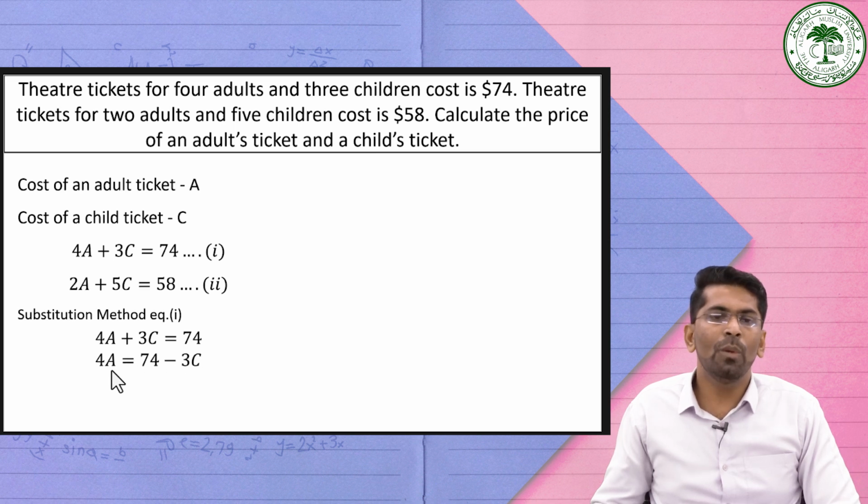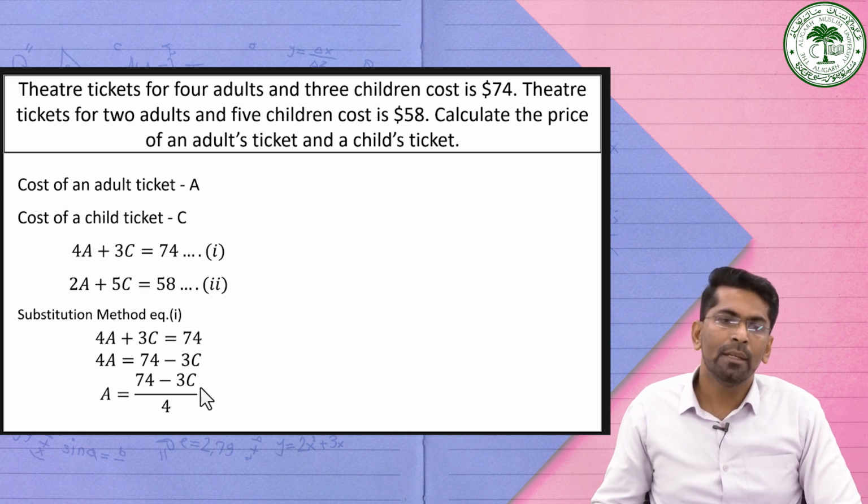I isolate A by taking 3C to the right hand side, so 4A is equal to 74 minus 3C. Then dividing both sides by 4, A is equal to (74 minus 3C) divided by 4.